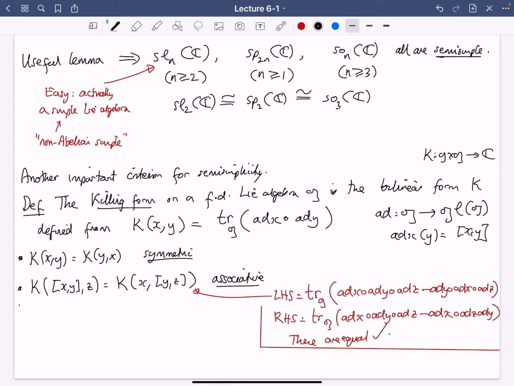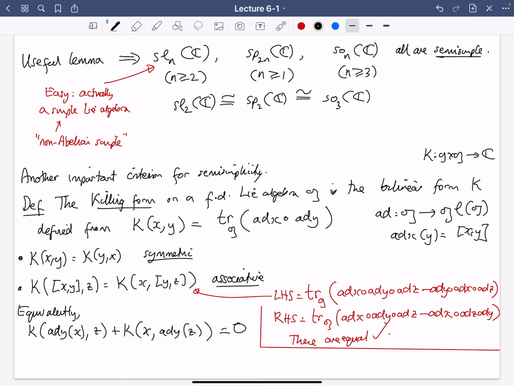Equivalently, saying that the killing form is associative can be written as saying that kappa of ad y of x with z, plus kappa of x with ad y of z, is 0.